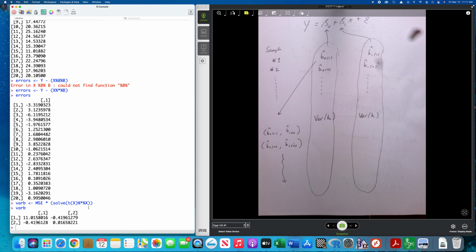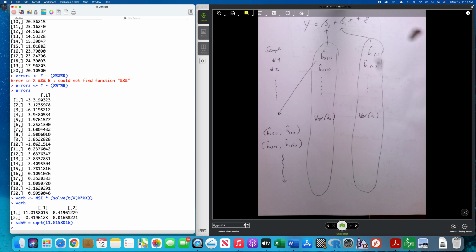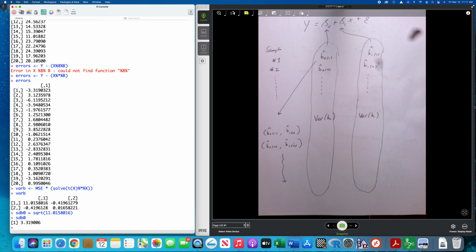Now, it should go without saying, but if I needed the standard deviation for my beta 0, I'm just going to take the square root of 11.0158016, so 3.32.